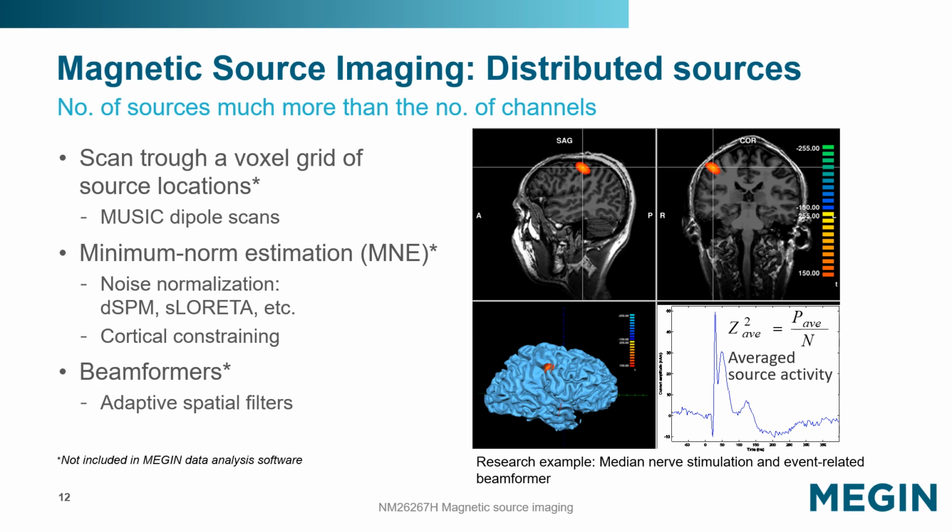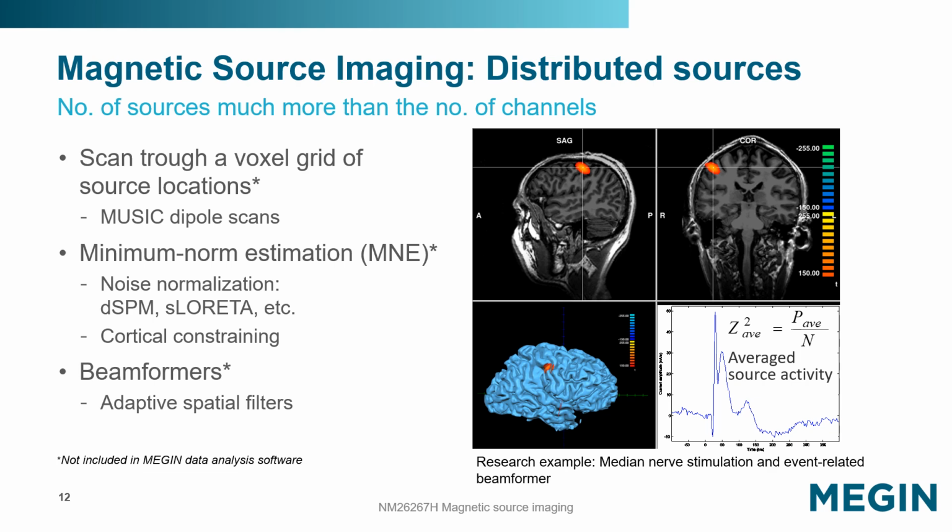Alternatively, when individual MRI data are available, the cortical surface can be segmented and the elementary sources can be constrained so that their orientations are normal to the local cortical surface. With 7 mm spacing along the grey matter sheet, this would equate to approximately 6,000 elementary source locations on the cortical surface. In minimum norm estimation, the activities at all source locations are estimated simultaneously, and cortical constraining provides a powerful a priori information to find the primary source locations.